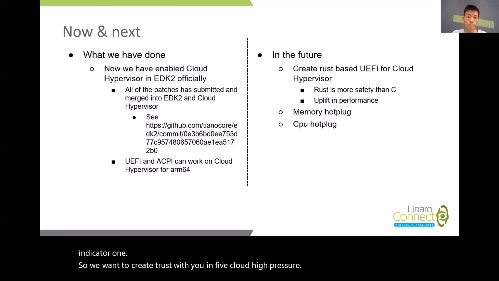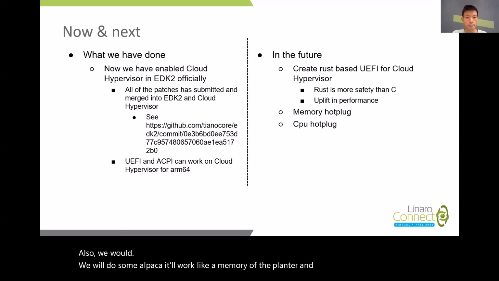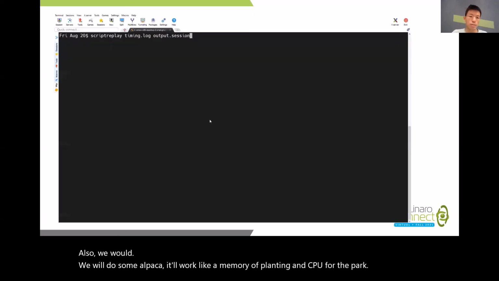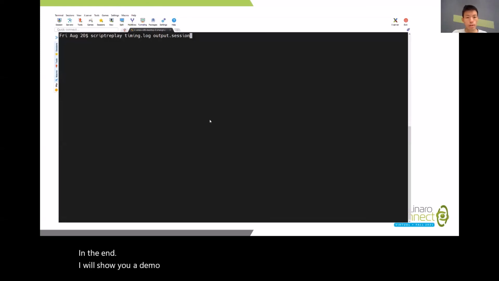Then we will get better safety and performance. Also, we will do some hotplug enablement work, like memory hotplug and CPU hotplug. In the end, I will show you a demo of starting UEFI and ACPI using Cloud Hypervisor on ARM64.